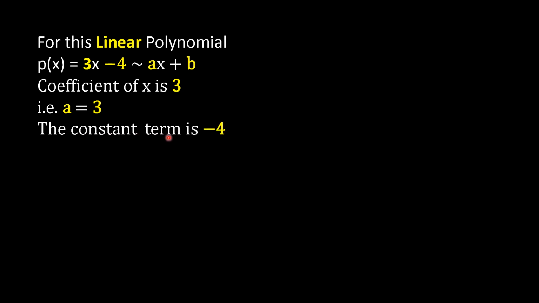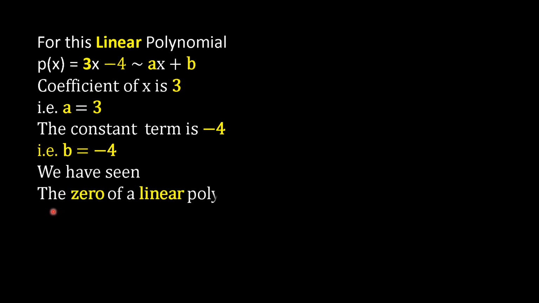The constant term is -4, that is b = -4. We have seen the zero of a linear polynomial is alpha = -b/a.